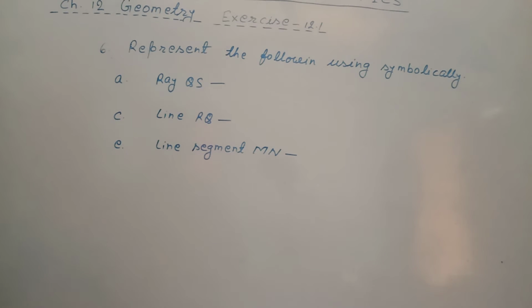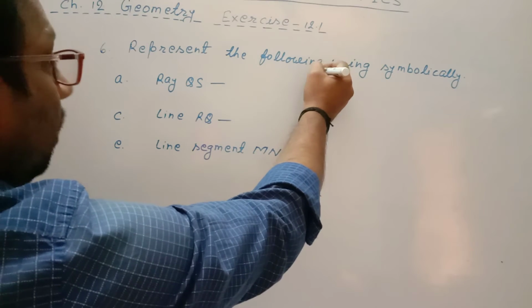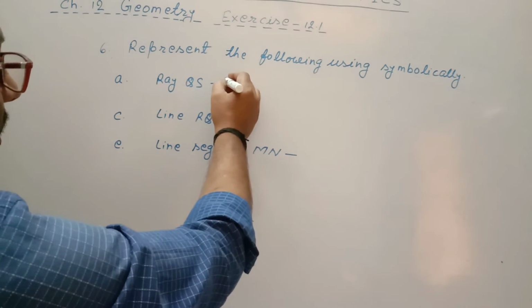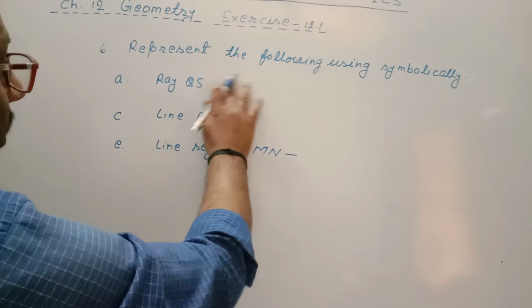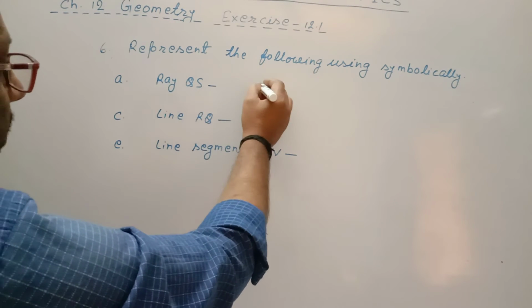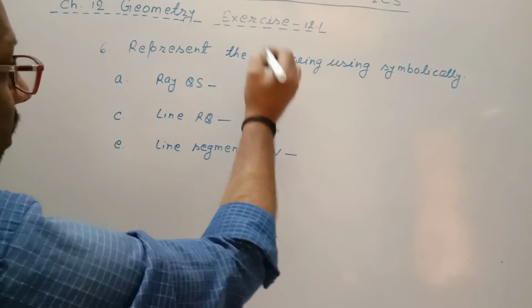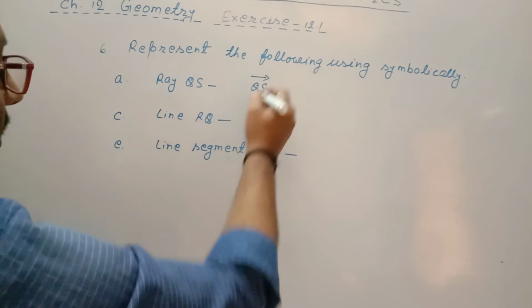Question number 6. Represent the following symbolically. In question number A, ray QS, how will you represent? This ray QS will be represented as: write these two letters, and upon this you give one bar line with one arrowhead.